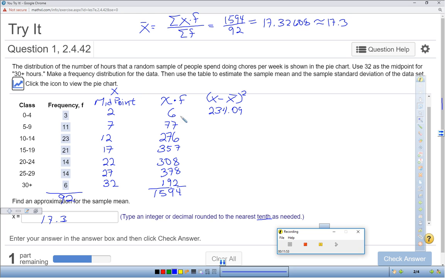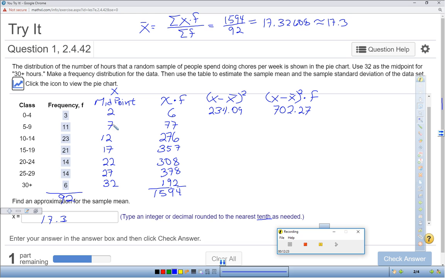And I want to multiply this number by the frequency, which is 3. So it's the midpoint minus the mean, all squared, multiplied by the frequency. This number times 3 equals 702.27.